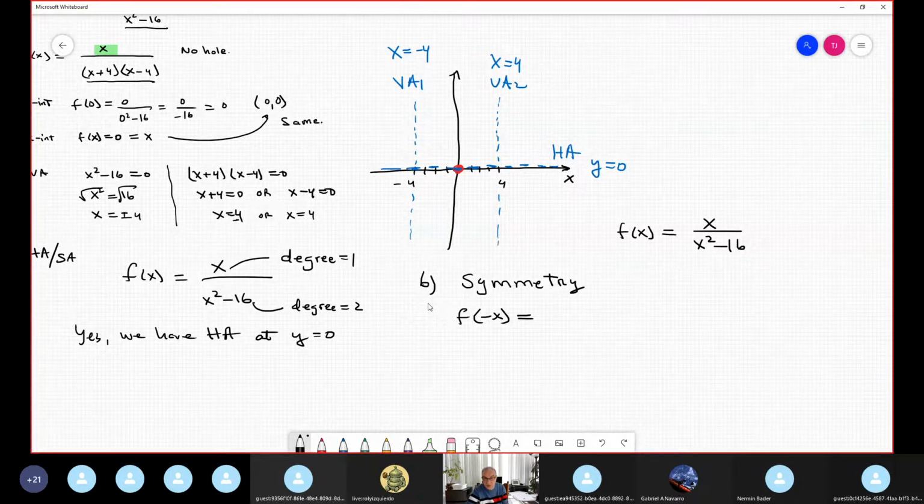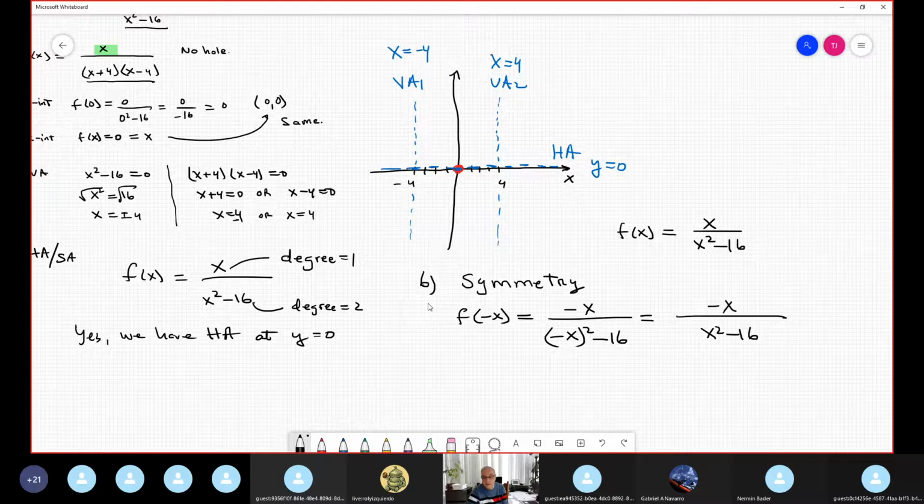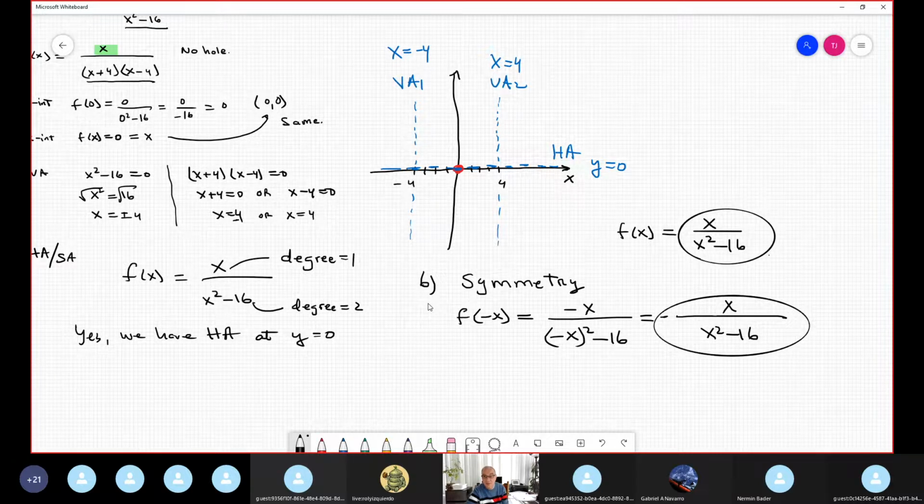When you replace x with negative x, you have minus x over minus x squared minus 16. So in the bottom, we have x squared minus 16, identical. On the top, no, it's minus x. If you want to see it more clearly, you put the minus in the front. When you compare this with the original, you see it's completely the opposite sign, therefore it is an odd function.